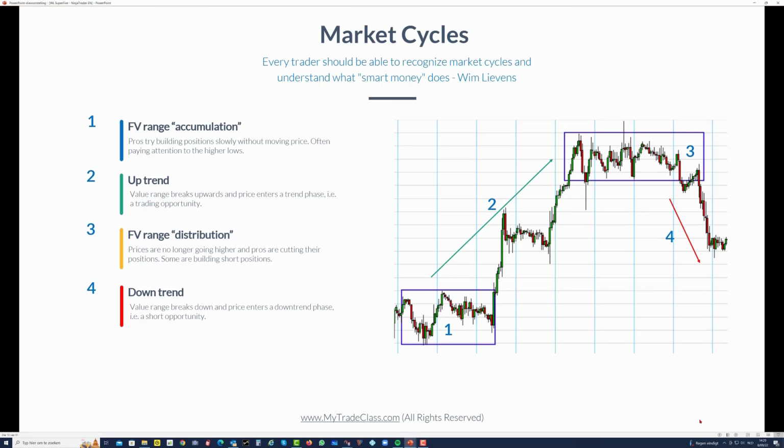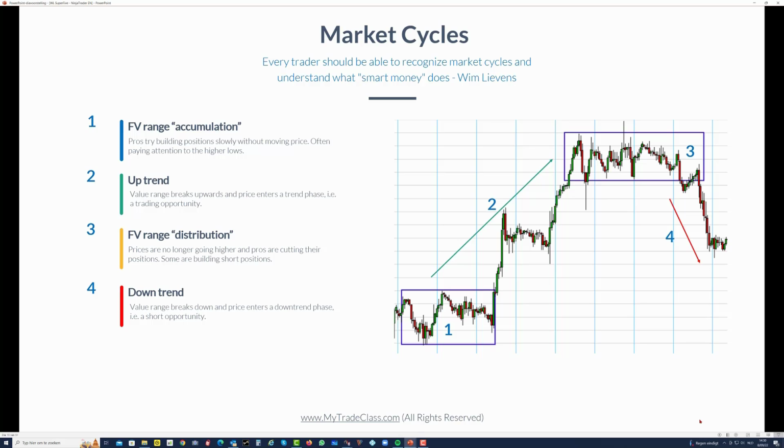Market cycles: this is something that most people know, or should know. The market can have an uptrend, a downtrend, sideways, you can have accumulation, distribution, but this should be a reflex. Once you see a chart, any chart in any time frame, you immediately see, oh, this is the phase where the market is now.